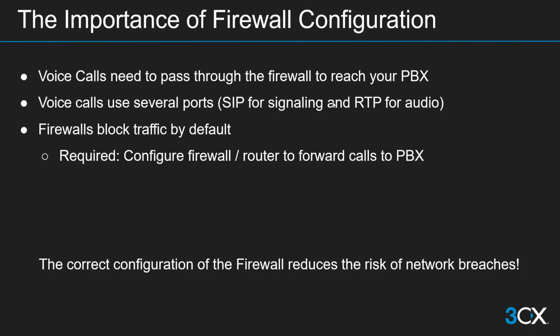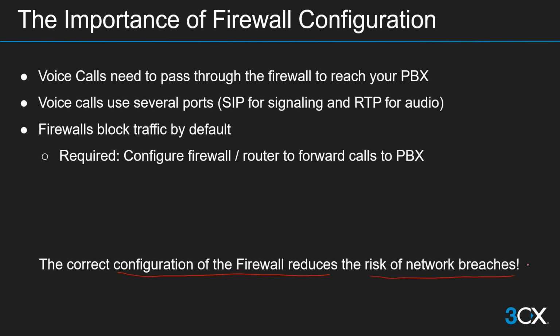Voice calls use several ports, SIP for signaling and RTP for audio. And again, firewalls block the traffic by default. We have to configure the firewall router to forward the calls to the PBX. The correct configuration of the firewall reduces the risk of network breaches.